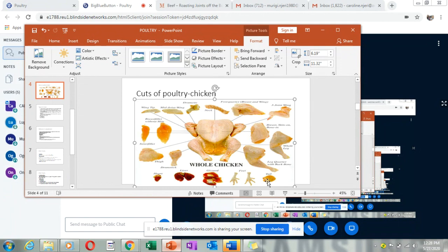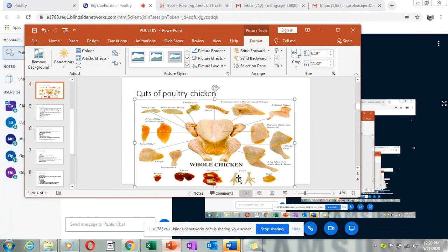What do you call the tail in your language? Then we have this. Do you eat these things at home? The feet. No. In some cultures, they're actually cooked.